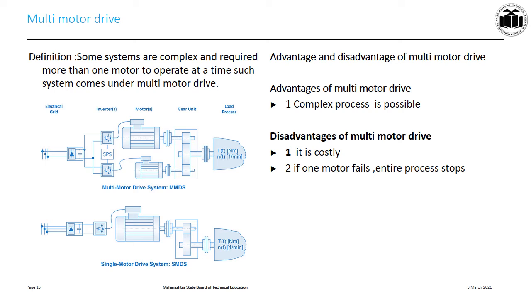In the diagram, the first diagram shows MMDS, which is nothing but the multi-motor drive. Different torque and speed combinations are accomplished by drive number 1 and drive number 2. The second diagram shows the SMDS, that is the single motor drive system.